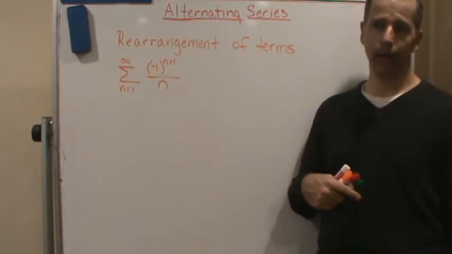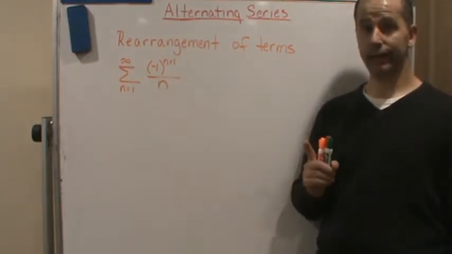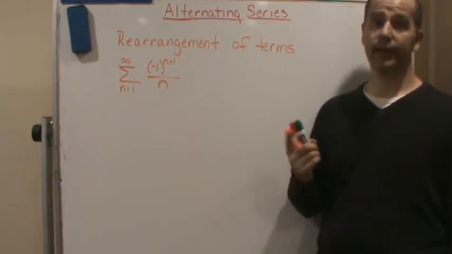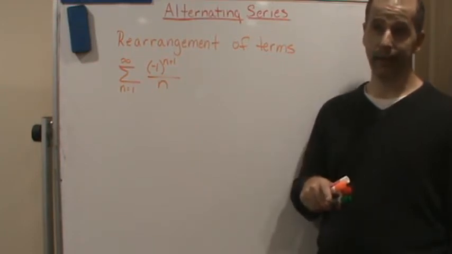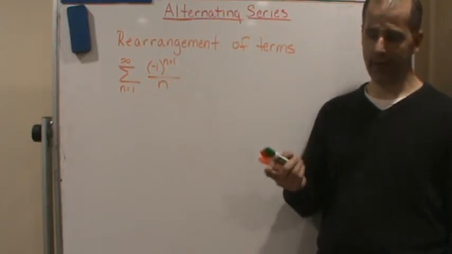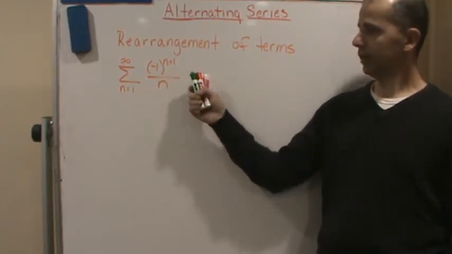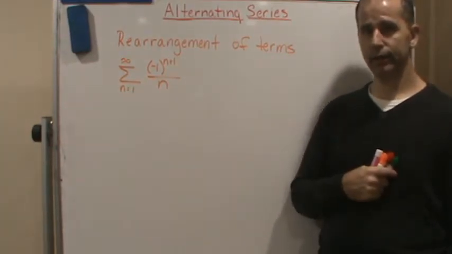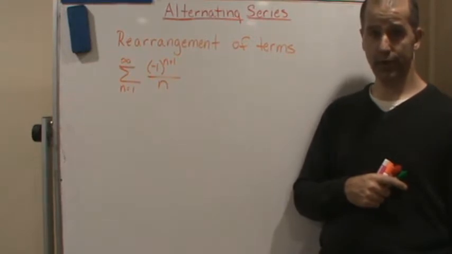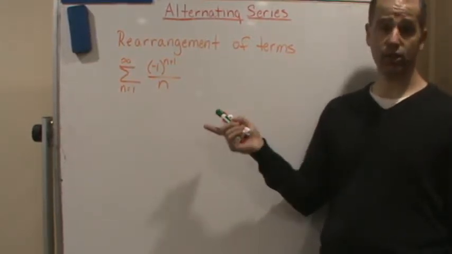Okay. Now, when you're talking about infinite sums, infinite series, things get a little more interesting. For example, if I take the alternating harmonic series here, we know that this converges, and it converges conditionally.